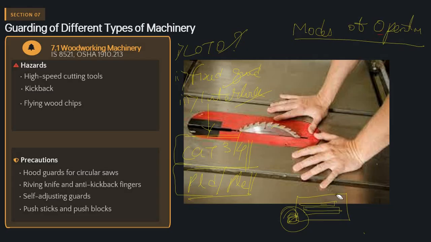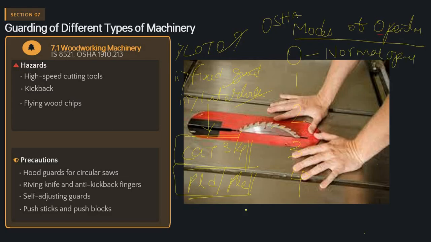But you people should know about the modes of operation. This is talked about in OSHA, not in India. When it comes to OSHA, there are four modes of operation: mode 0, 1, 2, and 3. Mode 0 is like normal operation. Suppose there is one machine, and you are operating outside the machine at one HMI panel.